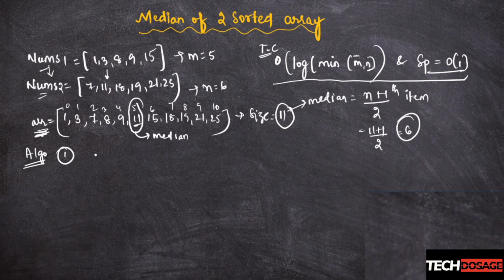First step, find the size of the resulting array. What is the size? The size of the first array plus the size of the second array is going to be the size of the combined array. The size of the first array is 5, the size of the second array is 6, and the size of the combined array is 11. Now find the median.